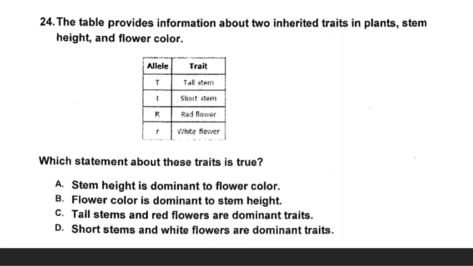Which statement about these traits is true? So it's just asking some basic questions about the law of dominance. Remember that the law of dominance states that any dominant allele is going to completely mask the recessive allele in the phenotype. So read each of these statements and figure out which one is true in relation to this traits chart right here.